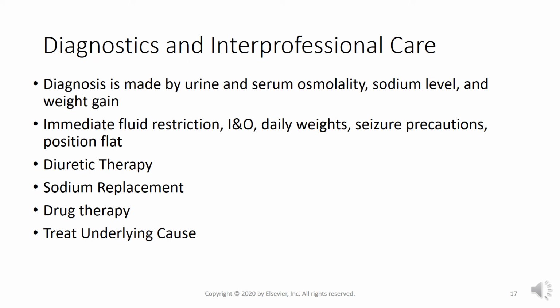And then that underlying cause. So if it is a cancer, treating the tumor; a medication, weaning the client off the medication; an infection, treating the infection. Whatever the underlying cause is, that's also a part of the treatment.